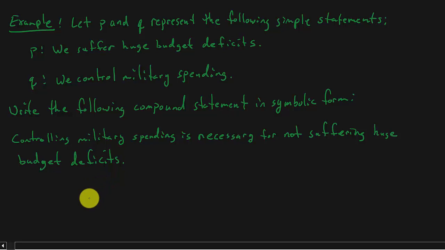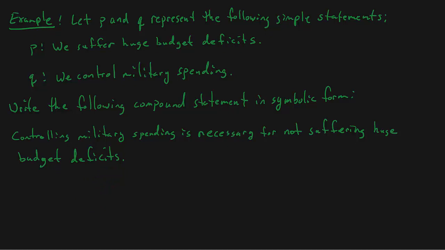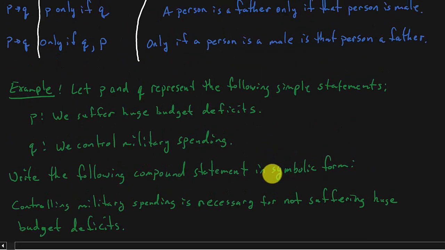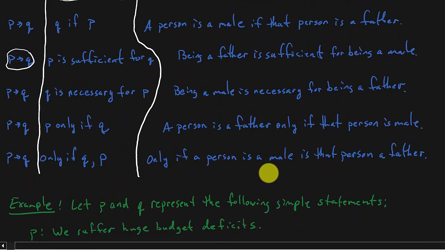All right. So how are we going to rewrite this one? So don't get confused with this one. So we just went over that table earlier. All right. So notice here, see, being a male is necessary for being a father.